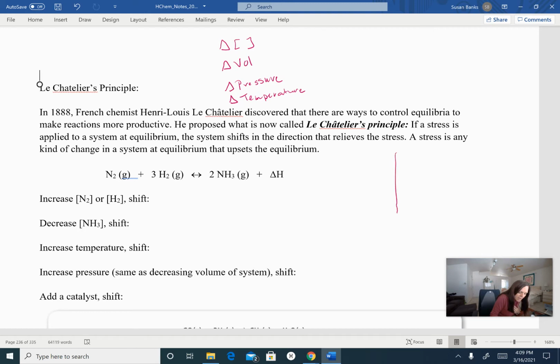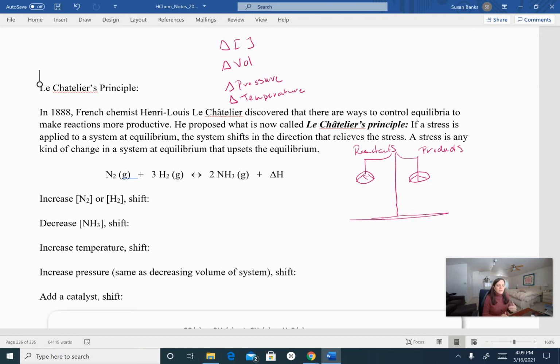So if we have a balance sitting up on a table and we have pan number 1 and we have pan number 2, we're going to pretend like the one on the left is the reactants and the one on the right is the products. And we're going to do everything that we can to keep them even. We're going to keep them even and keep them balanced.